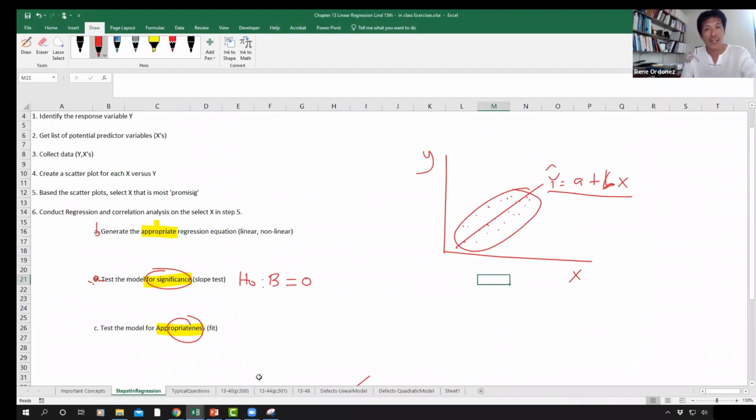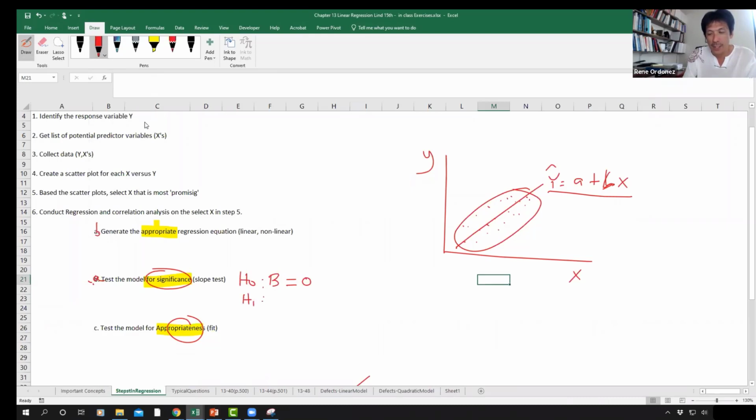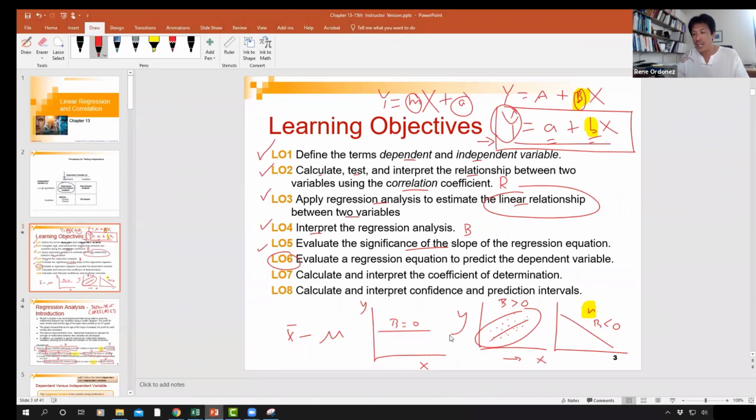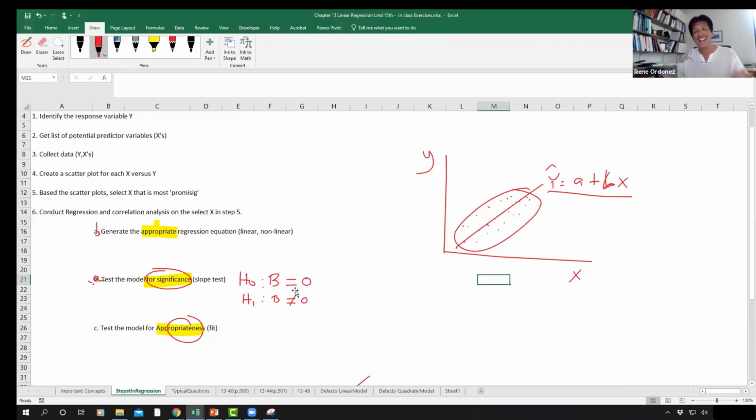The alternate hypothesis says, so this is H sub 1, the slope is not equal to 0. All right, meaning, if the null hypothesis is rejected, either the slope is positive or the slope is negative. We don't care. What we simply care about is that the slope is a non-zero number, meaning x is a good predictor for y.